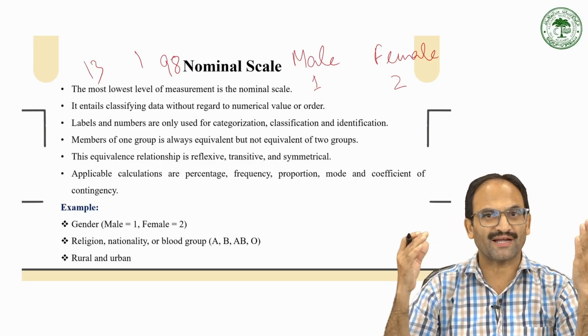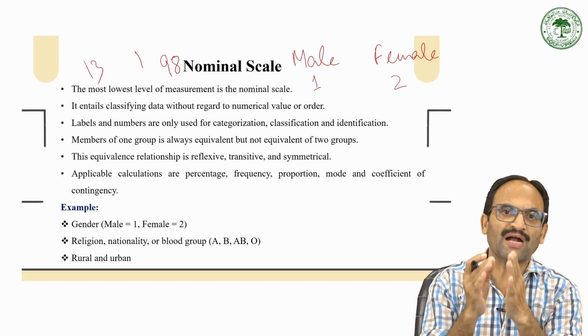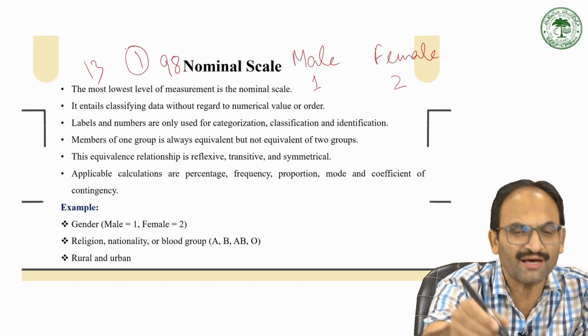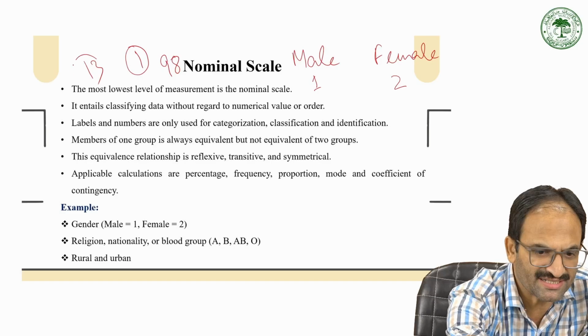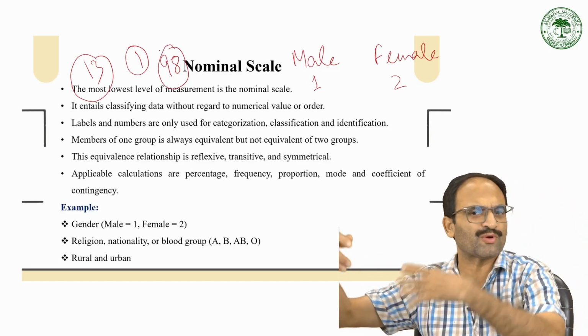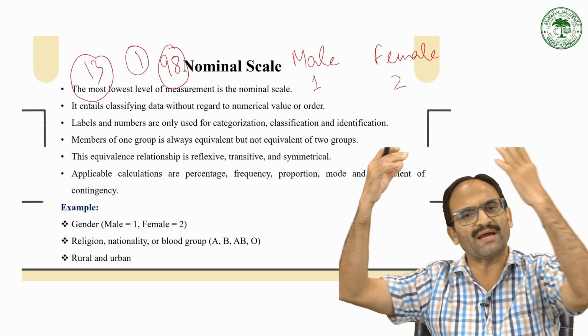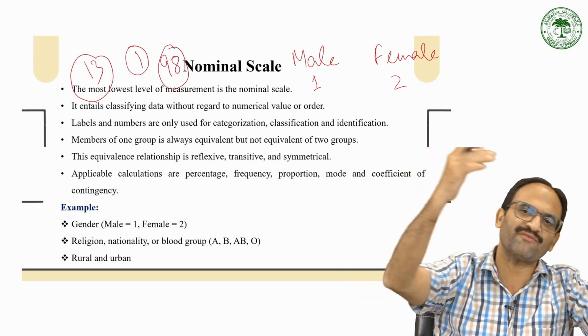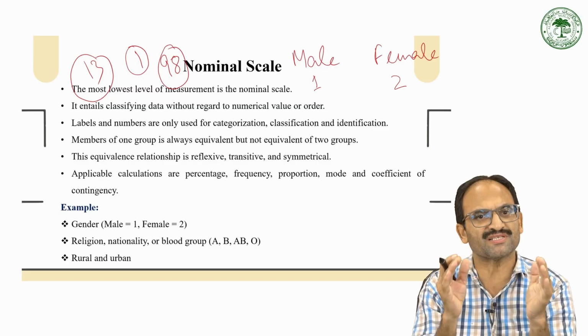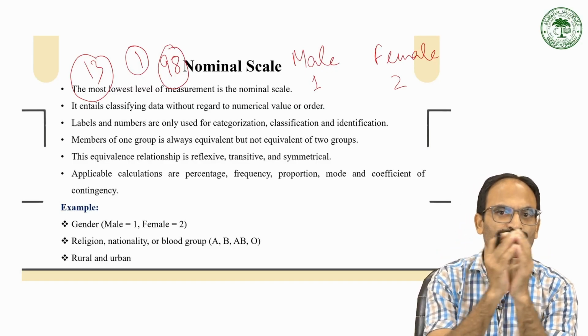No, not like that. We just want to differentiate. One player has the number 1, another has the number 13, a third player may have the number 19, someone might have 55, someone 91, someone 22 or 34, like that. So our purpose is just to differentiate one individual from the other.